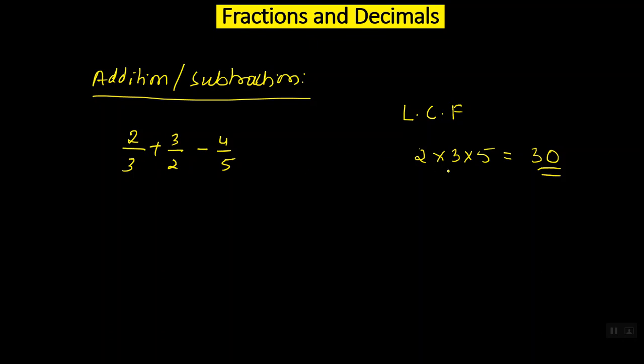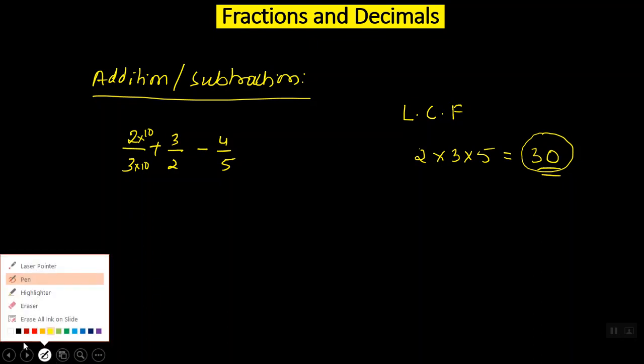Then, as I told you, we have to make the denominator 30. You have to multiply the denominators to make them 30. 3 is multiplied by what number to become 30? 3 times 10. If you multiply the denominator by 10, you have to multiply the numerator by the same number as well.